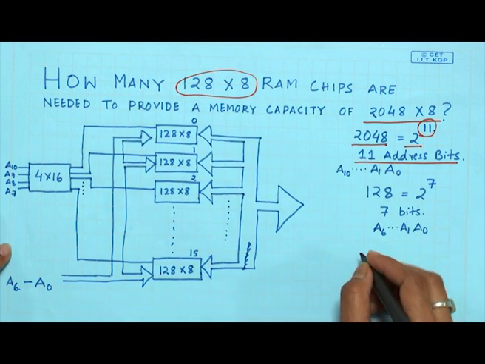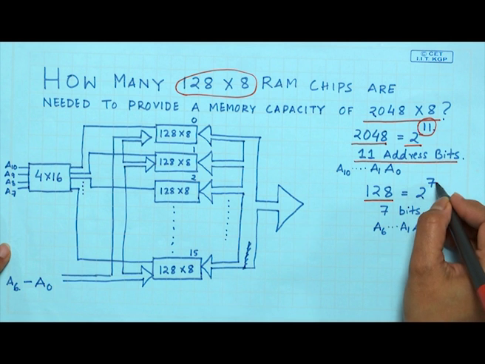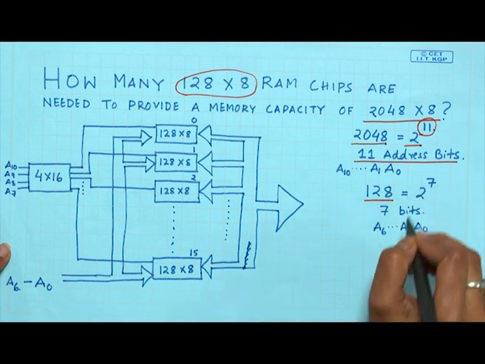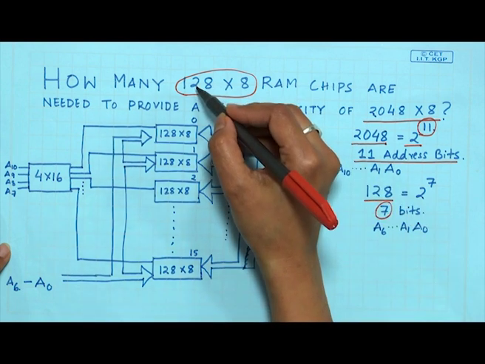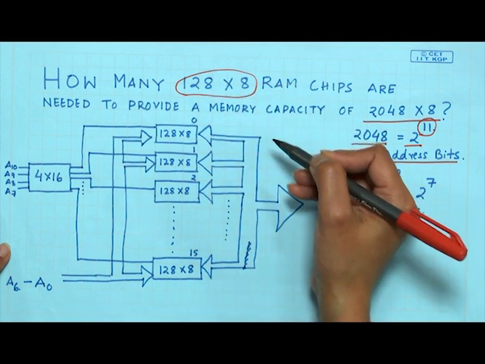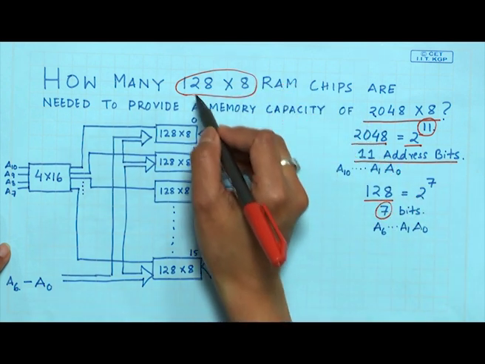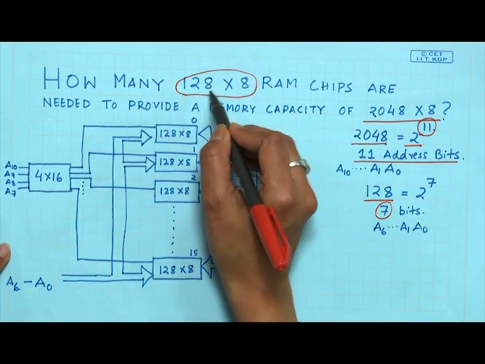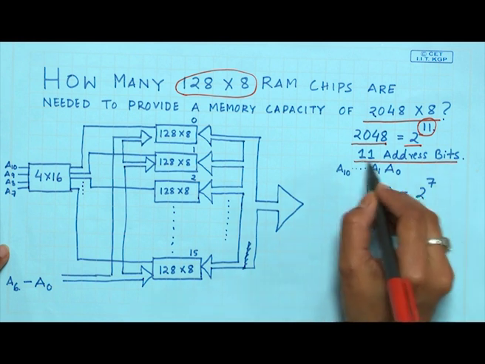This module is 128, that is 2 to the power 7, so here you require 7 bits to select a particular row. Once a particular row is selected, this set of 8 bits can be transferred, because one chip is 128 cross 8. The total address bit is now 11.